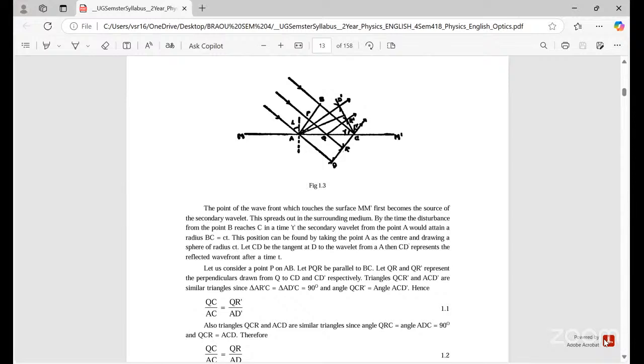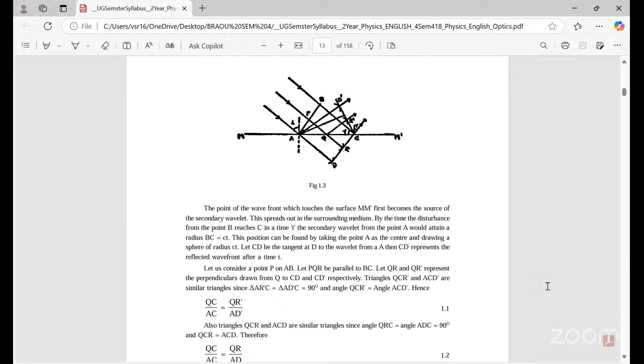So CD be the tangent at D to the wavelet from the point A, and then CD represents the reflected wavefront after time t.